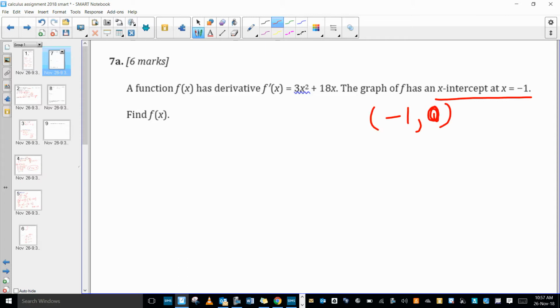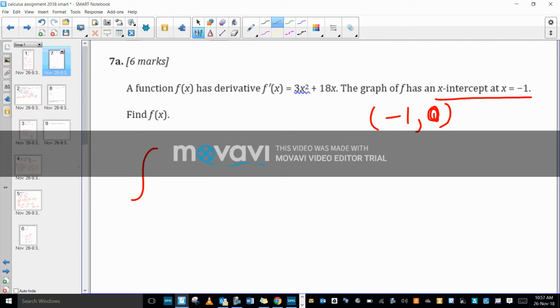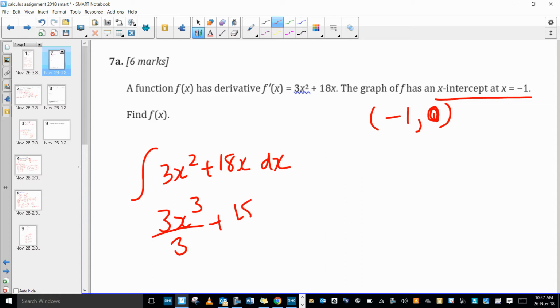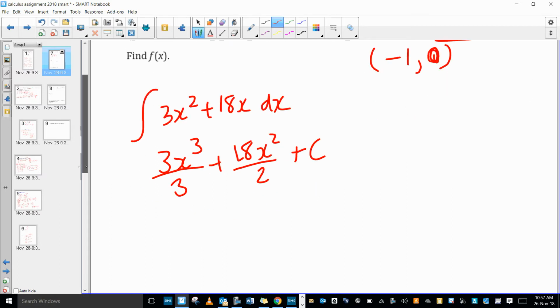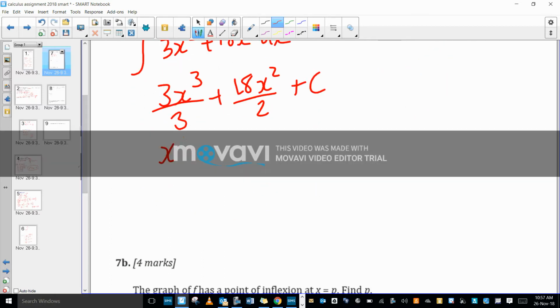So if we're trying to find the function, we're going to have to integrate. So we've got 3x squared plus 18x dx. So we've got 3x cubed over 3 plus 18x squared over 2 plus c. So then that's x cubed plus 9x squared plus c.